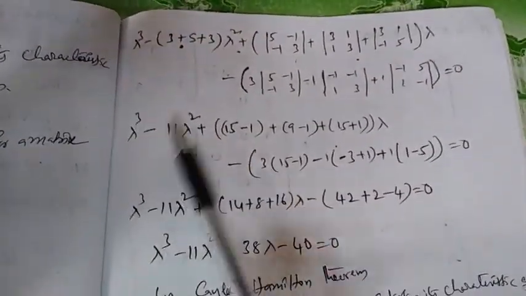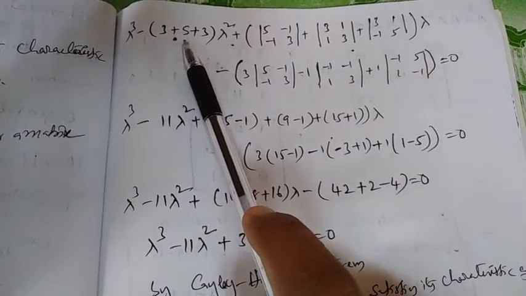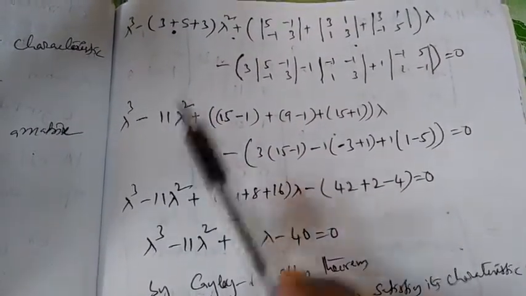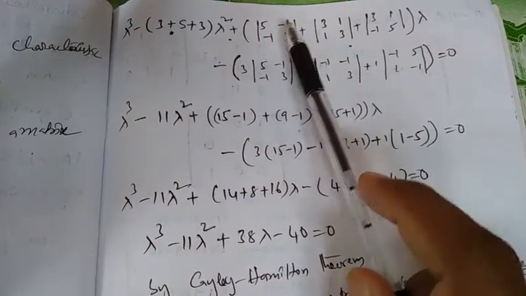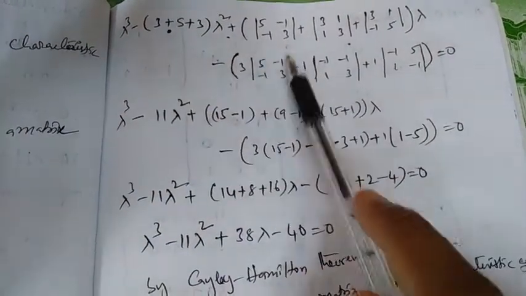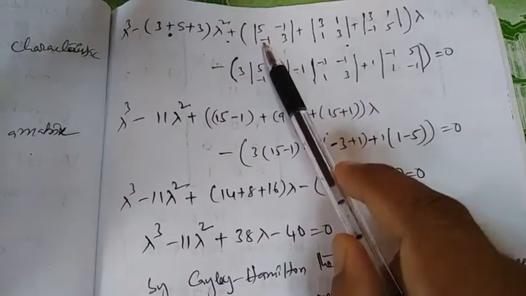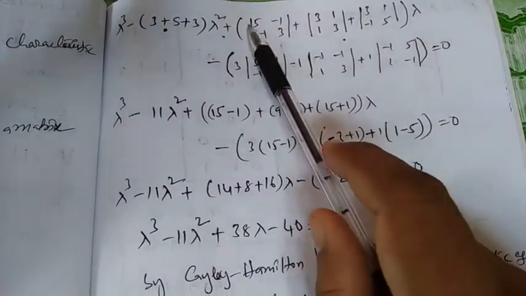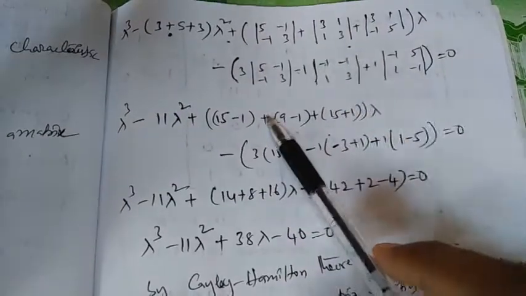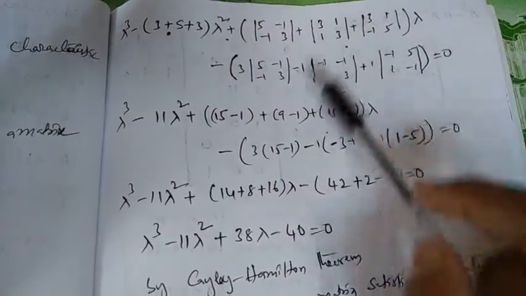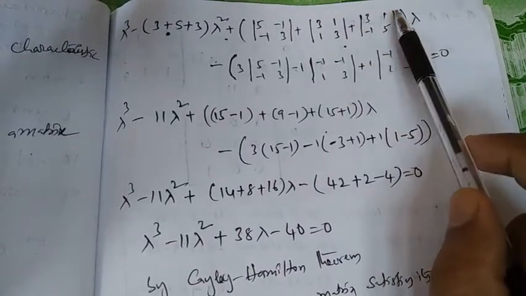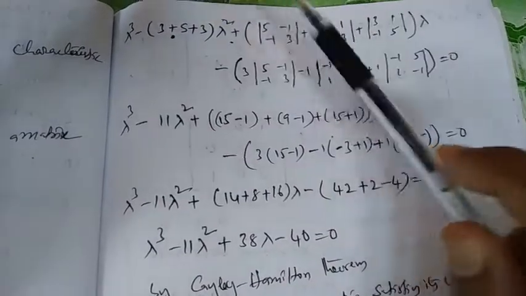Lambda cube minus 3 plus 5 is 8, 8 plus 3 is 11, lambda square, plus here 15. 5 times 3 is 15, minus 1 into minus 1 is plus 1. Okay, plus 1 plus, so minus AD minus BC, right, plus 3 times 3 is 9, minus 1 plus 15, minus into minus 1, here minus 1 into minus 1 is plus 1.